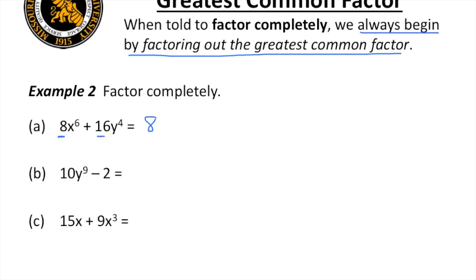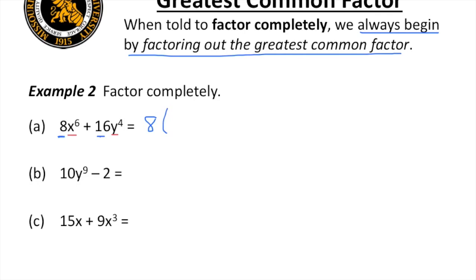Next, we look at the variable parts. In the first term, we have a factor of x to the sixth. In the second term, we have a factor of y to the fourth. Neither term has any common variable factor. Therefore, 8 is the only factor that we can divide out of each term.